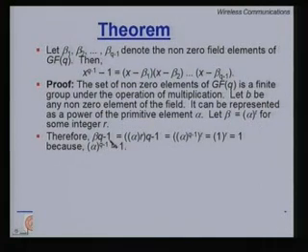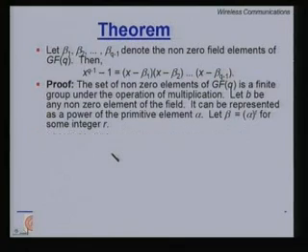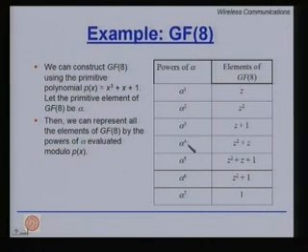Therefore, beta raised to q minus 1 is alpha raised to r, whole raised to q minus 1, which is equal to 1 raised to r, which is 1, because alpha raised to q minus 1 is 1. We have seen in the previous example that alpha raised to q, which is 8, minus 1 will ultimately come down to 1. It will loop through all the elements, and alpha raised to q minus 1 will be 1.